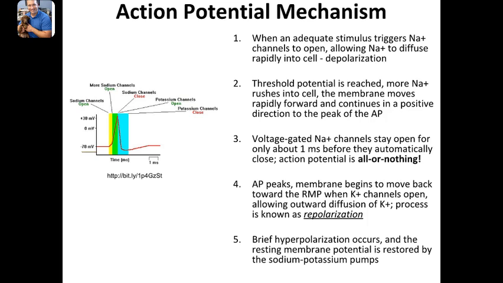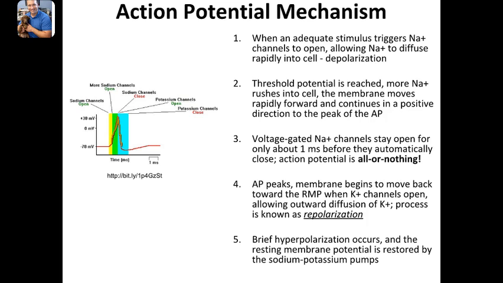The sodium channels are going to open. That is going to cause the action potential to begin. So this spike upward, sodium channels open. Gets to the peak, the sodium channels shut off. And then the potassium channels open, and the nerve impulse is going to return back down to resting membrane potential.